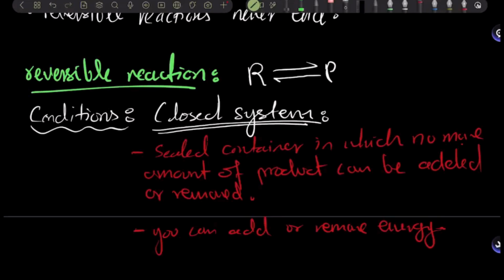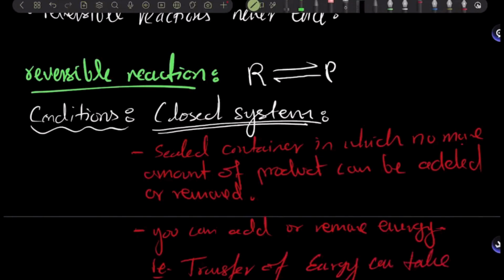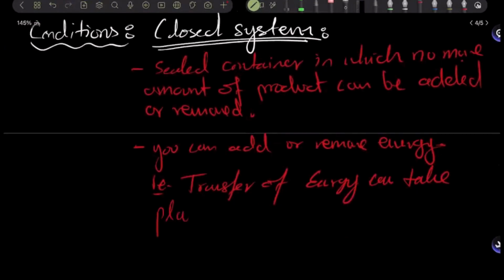When the system is closed, nothing more can be added or removed, but a transfer of energy can take place. All right. Are we clear what a closed system is?